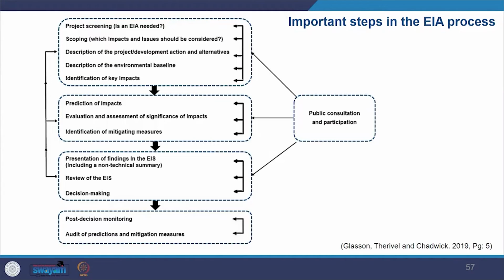So we identify those key impacts, and then we also look at the significant environmental impact. It can be both adverse and beneficial, because we are doing it for development purposes. So you'll have certain beneficial impacts, and then you might also have adverse impacts, and these all have to be taken for the detailed study.